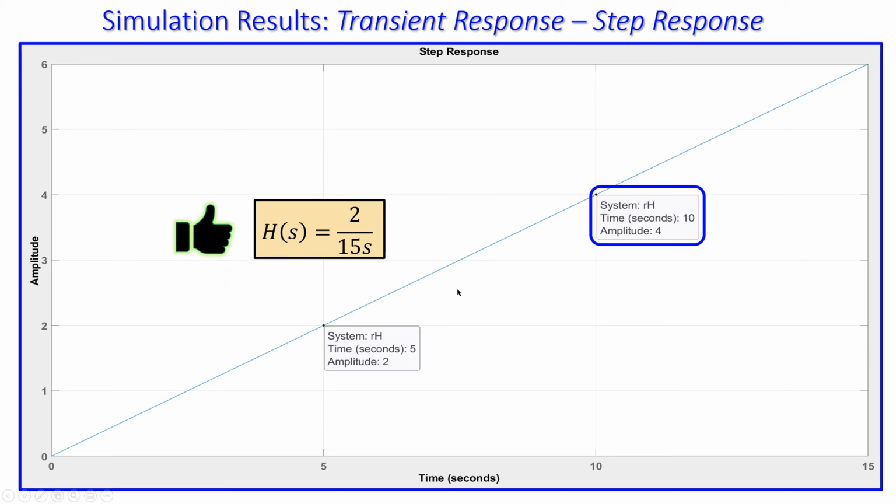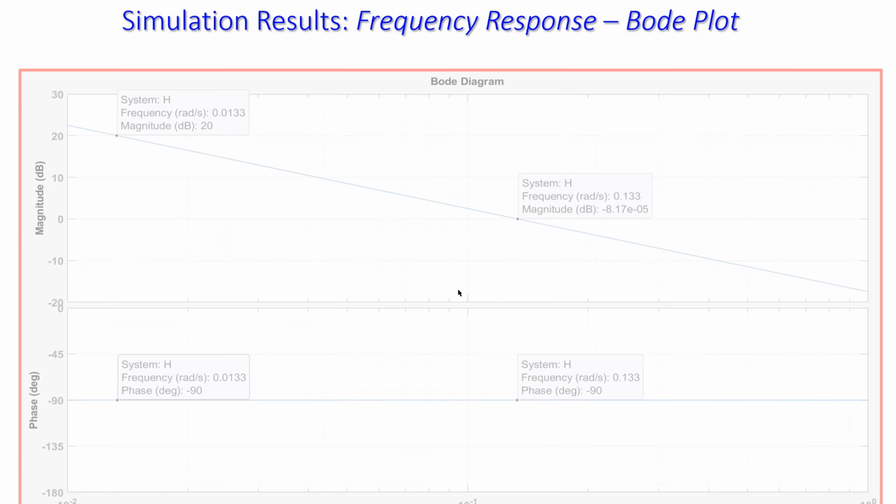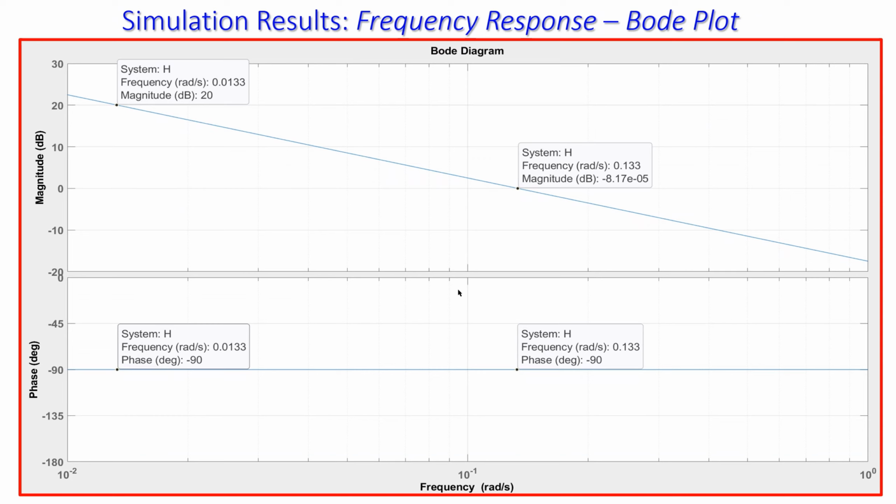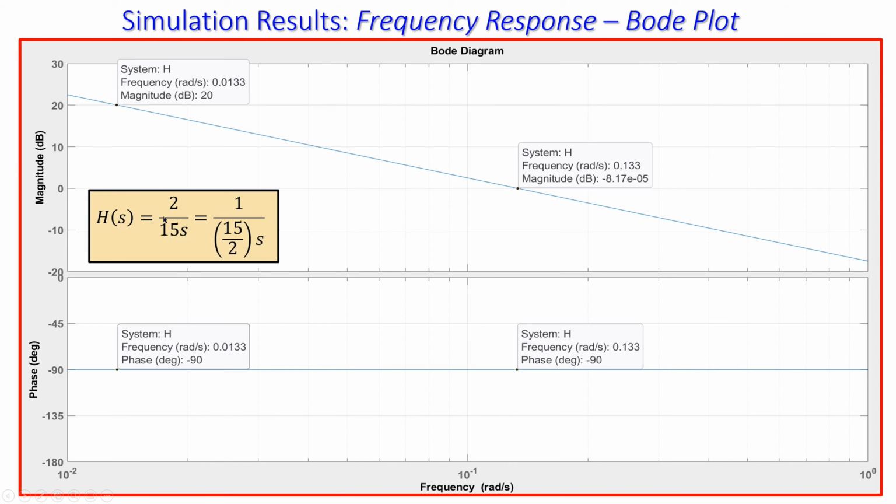Of course, let's also look at it in the Bode plot and then verify this even more carefully. This is the Bode diagram. Again, I have labeled some values here. You can see this is again the transfer function, but I have rewritten this in a slightly different form. 2 over 15s, that's what we have originally, but I have now 1 over a value times s.